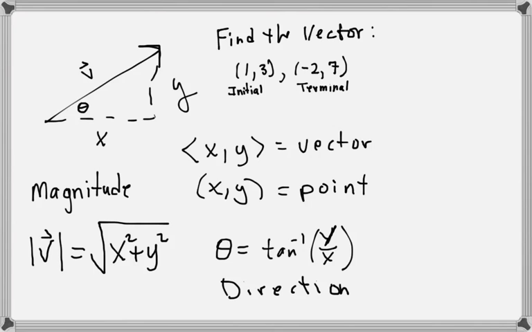In order to find a vector from 2 points, it's as simple as terminal minus initial.